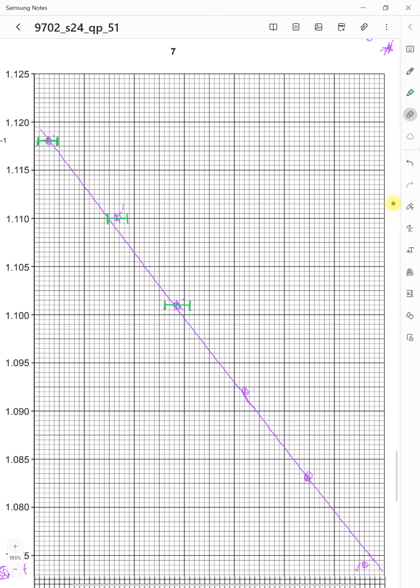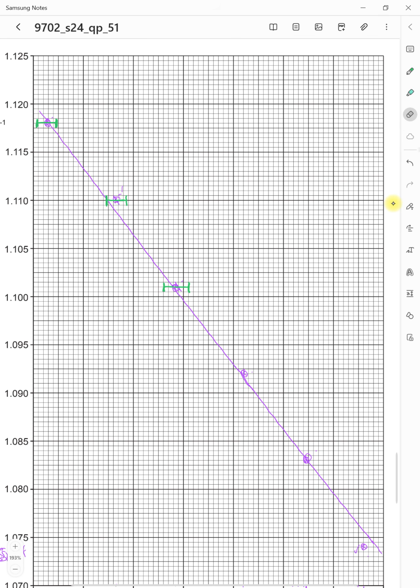Then the next one is exactly at the grid line. So 0.5, it will stop in the center of the box. 1, 2.5. So this will be somewhere here.